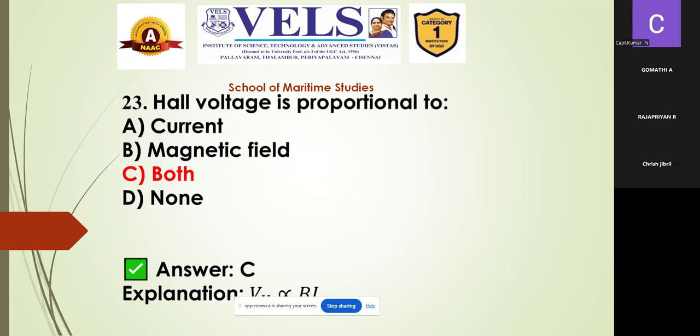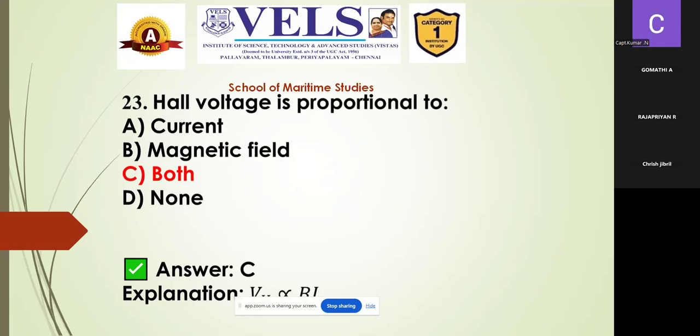The next question is: Hall voltage is proportional to dash. Hall voltage, which means VH, is directly proportional to the magnetic field B and current I. So we can write VH is directly proportional to BI.